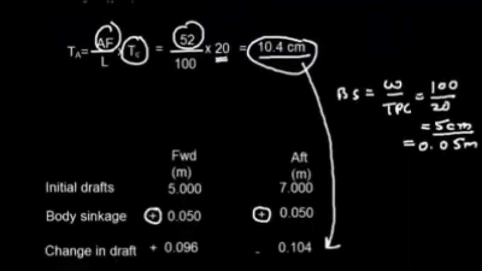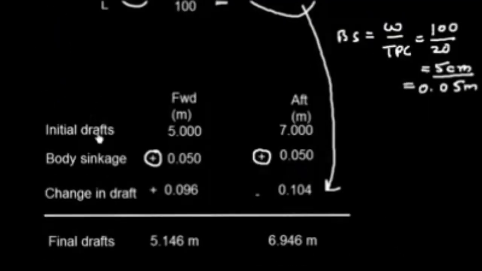So I use this sign: I have to add the change in the forward draft as positive, and the change in the aft draft has to be negative. So I get the final forward draft as 5.146, that is 5 plus this, and aft draft will be 7 plus this minus this. So this is my aft draft.